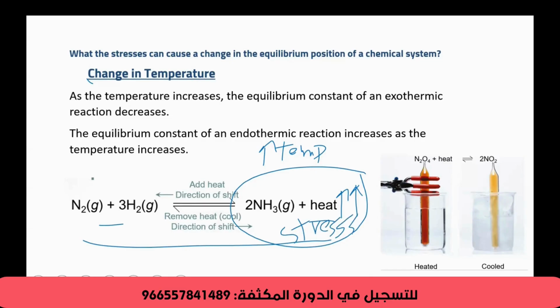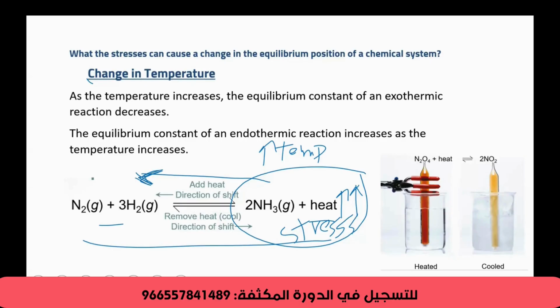Now, what will the system do to relieve the stress? Very good. Go forward or reverse? Reverse. Why? To relieve the stress. Now, less heat, so the reaction will not explode, right? So the reverse reaction will be higher. They will relieve the stress.